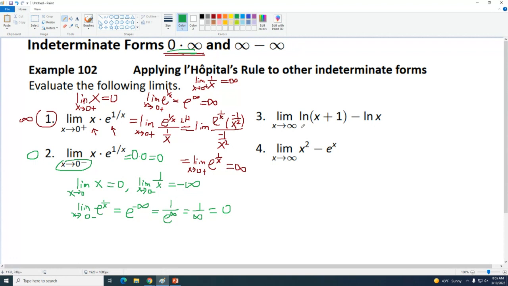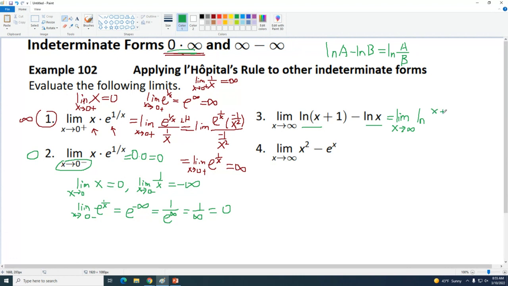The first one, according to the law of logarithm, ln of A minus ln of B is equal to ln of A over B. So that naturally creates a division, and then we can apply L'Hopital. So this calculation would equal the limit as x goes to infinity of a logarithm, combining the two logarithm subtraction into one logarithm.